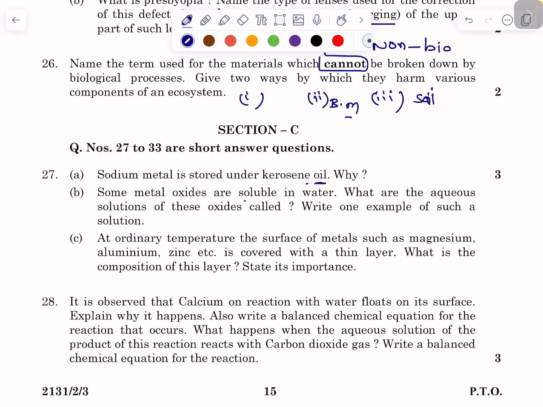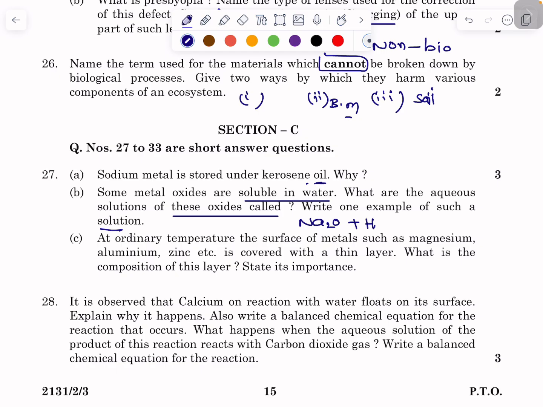Next, B. Some metal oxides are soluble in water. What are the aqueous solutions of these oxides called? Write one example of such a solution. An example is sodium oxide, Na2O.